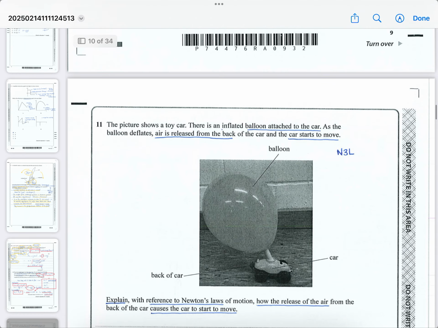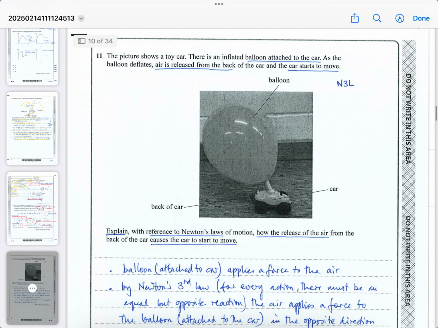Question 11 continues with mechanics. It says the picture shows a toy car. There is an inflated balloon attached to the car through a pipe somehow. As the balloon deflates, air is released from the back of the balloon, back of the car.